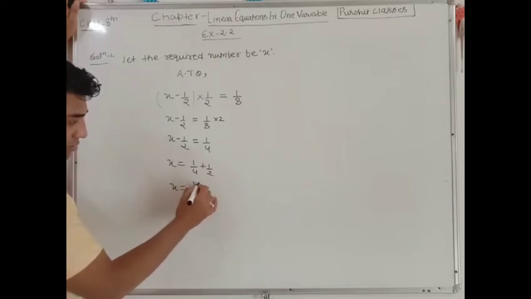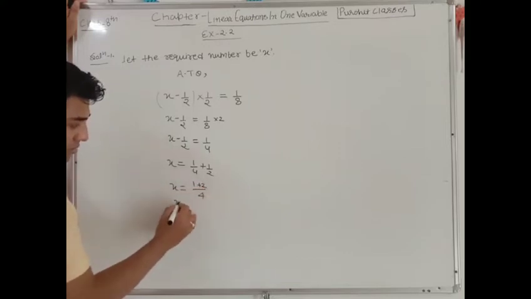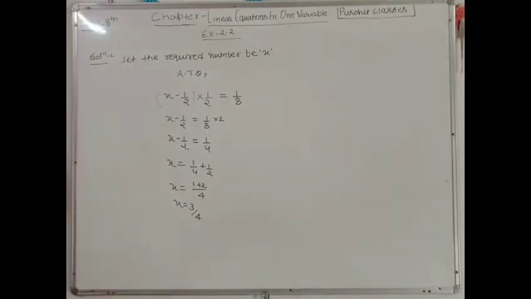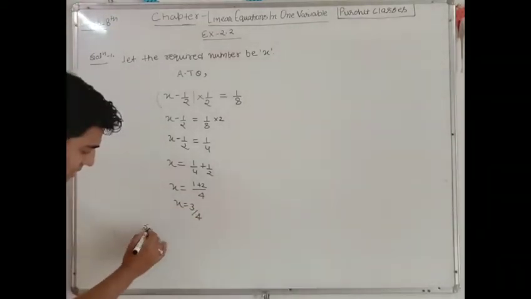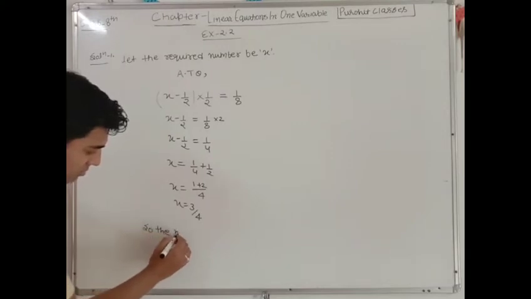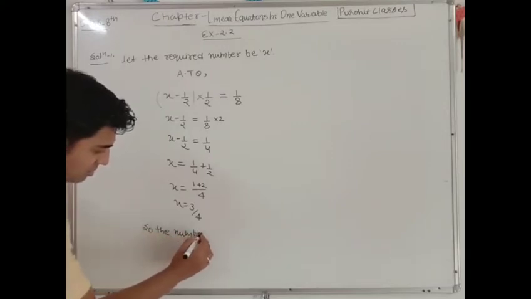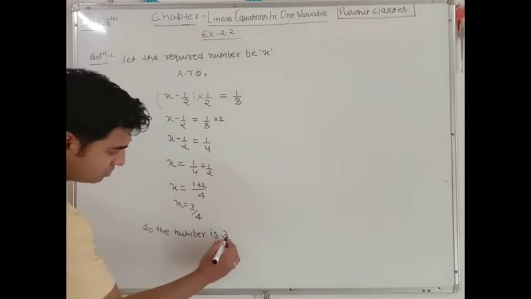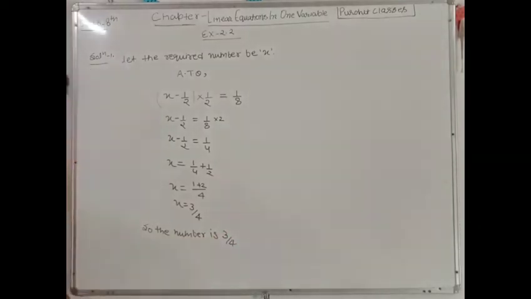This will be 4 ones are 4 plus 2 times 4... this will be 3/4. Understood? So this is our answer. At the last we will write, so the number is 3/4. So simple, nothing else. Understood? Okay, pause the video and note it down.